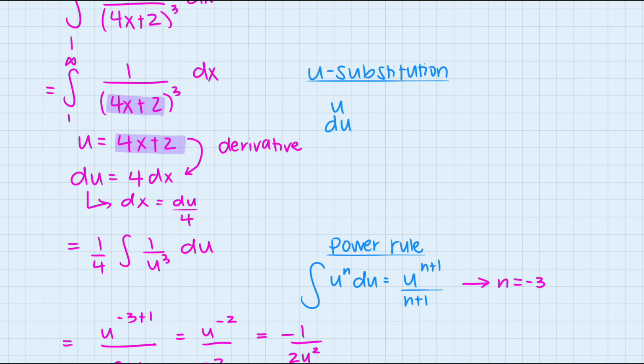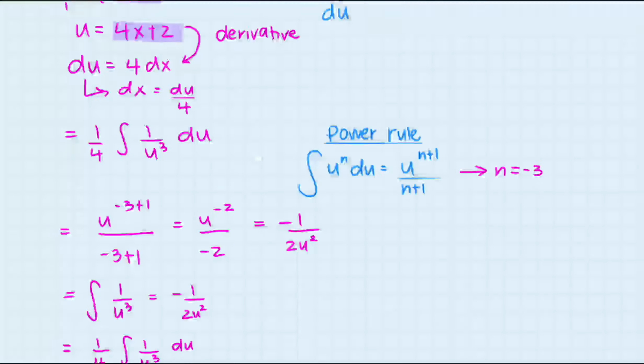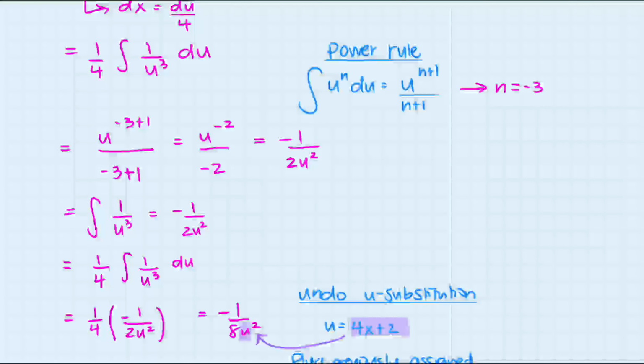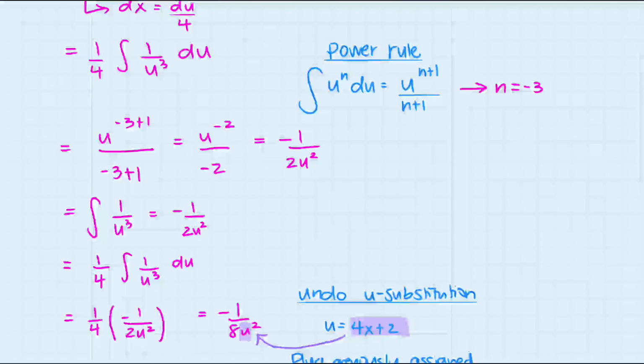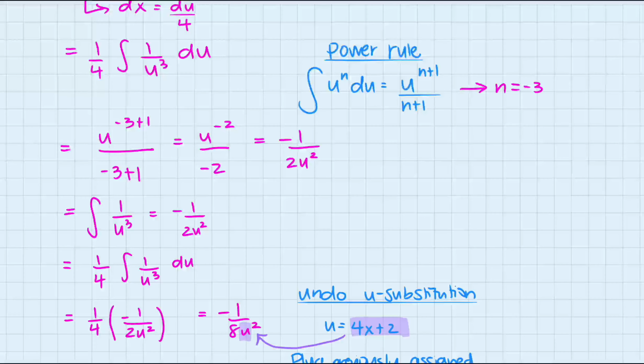Now we have to solve this u integral. To do this, we're going to use the power rule. The power rule says the integral of u to the n equals u to the n plus 1 over n plus 1. In this case, our n is negative 3, because it's on the bottom.